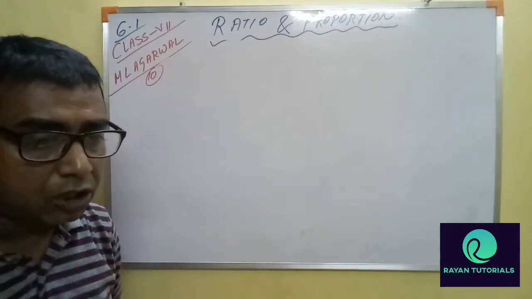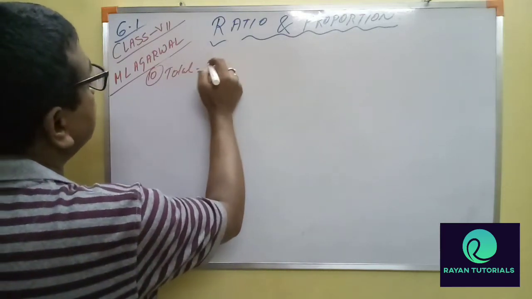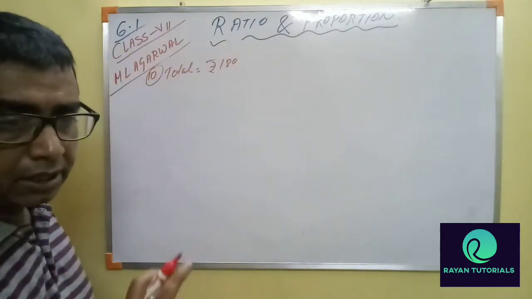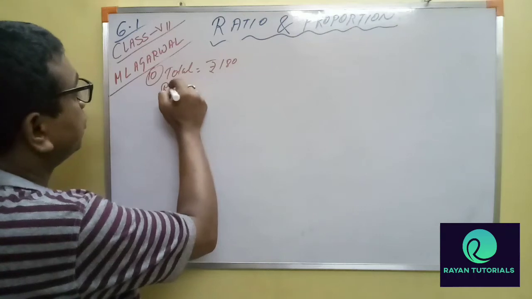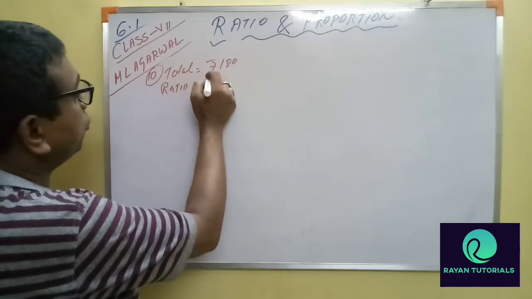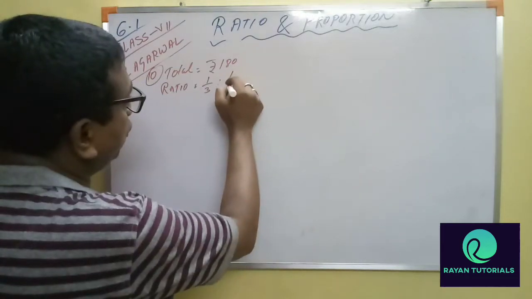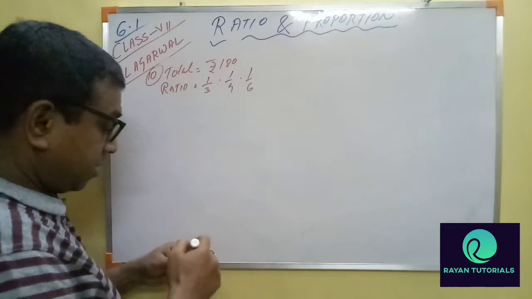Rupees 180 are to be divided. So total amount how much? Rupees 180. Fine. 3 children in the ratio 1 by 3, 1 by 4, 1 by 6.